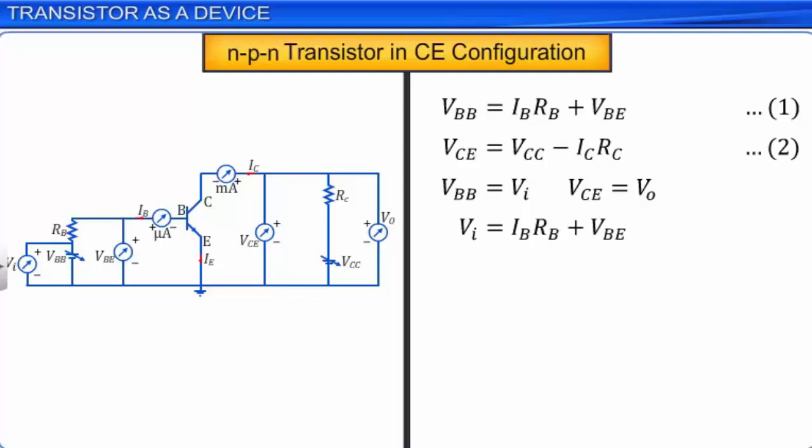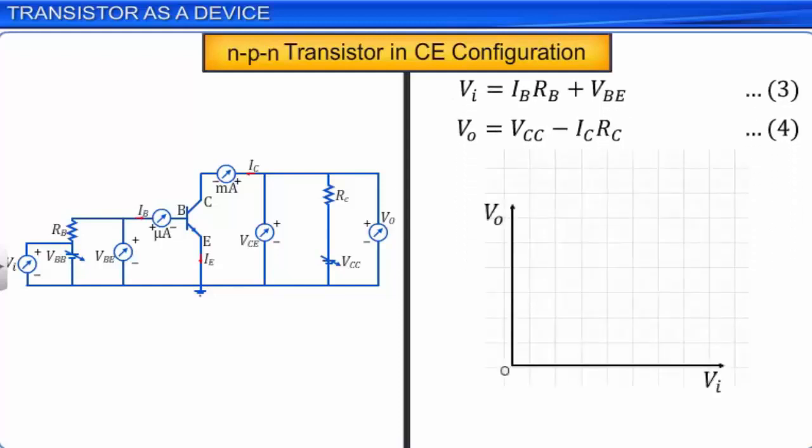And equation 2 can be written as VO is equal to VCC minus IC into RC. Let this be equation 4. Let us now discuss the change in the output voltage, VO, with the change in the input voltage, VI.